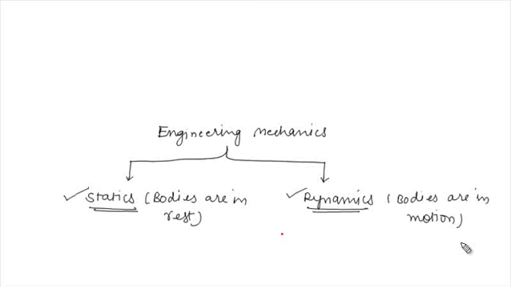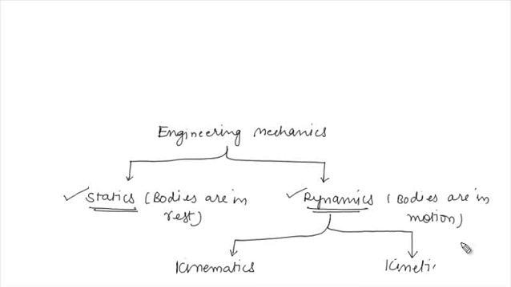On the basis of that, we can further divide dynamics into two parts, that is kinematics and kinetics. In kinematics, we do not consider forces or couples which are responsible for motion.